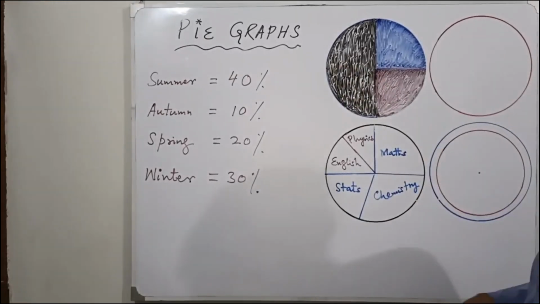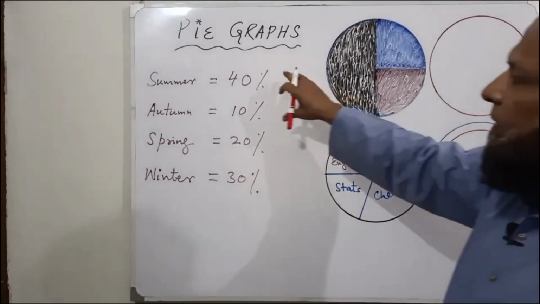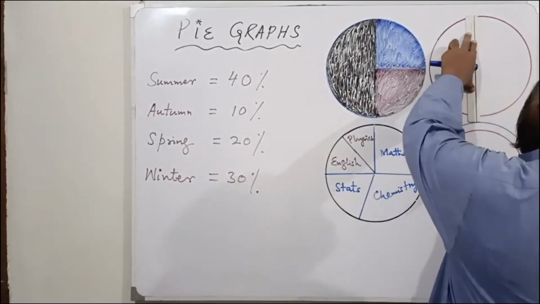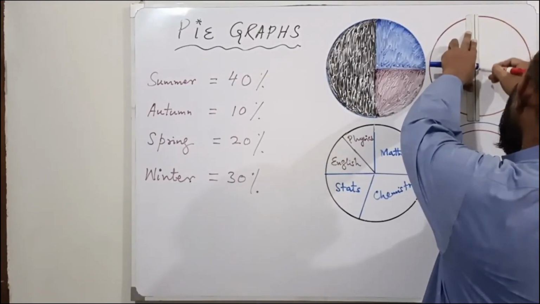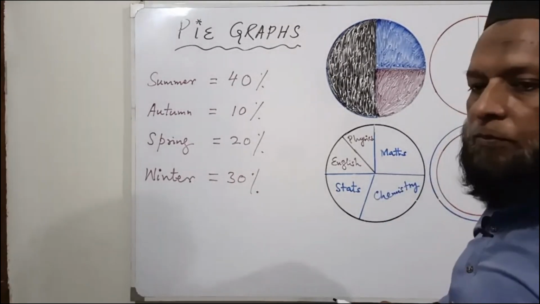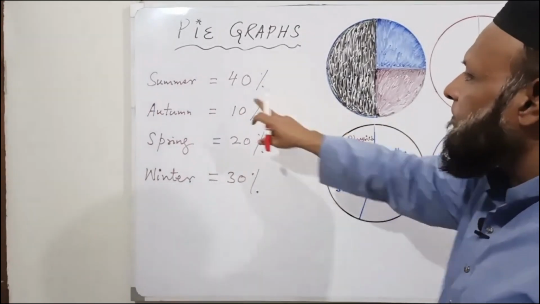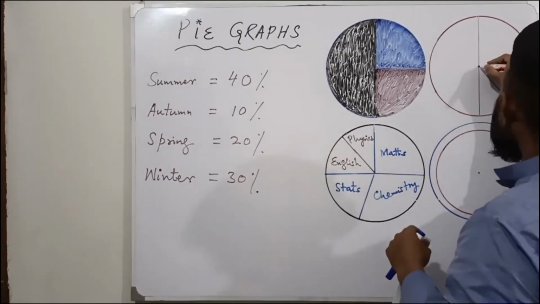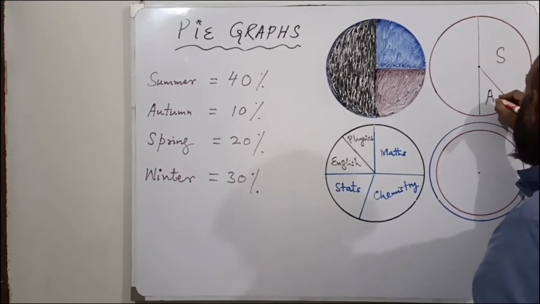The share of summer is 40% and that of autumn is 10%, meaning it will cover 50% of the graph. So we take a straight line from the center and draw it. First of all, we divide the circle into two halves and then we can find the share of summer and autumn. As I told you, 3.6 degrees corresponds to 1%. So 3.6 times 40 is 144. This is the first result. This is summer, this is autumn.